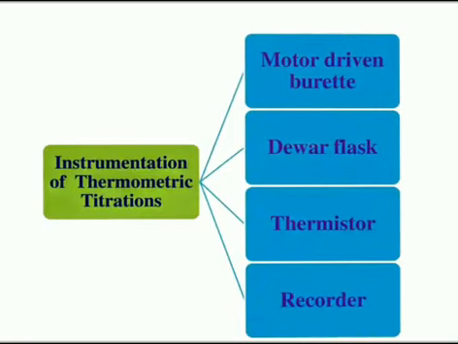Now we shall discuss the instrumentation of thermometric titrations. The major parts are the motor driven burette, Dewar flask, thermistor, and a recorder.